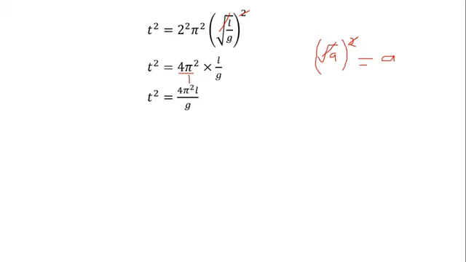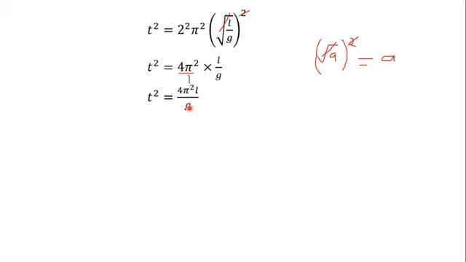Okay, we now have an equation that involves a fraction. We said in the previous videos that whenever the equation involves a fraction, you identify the fractions, you find the denominators, then you find the LCM of the denominators. The denominator here is G, that's the only denominator, so that is what we are going to use as the LCM.